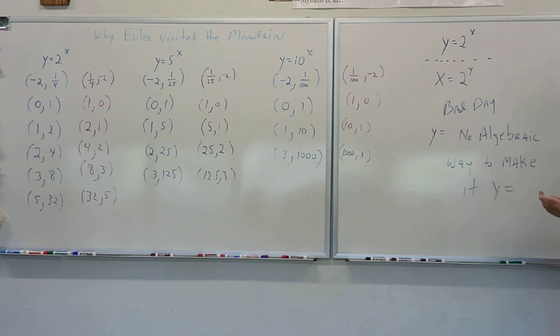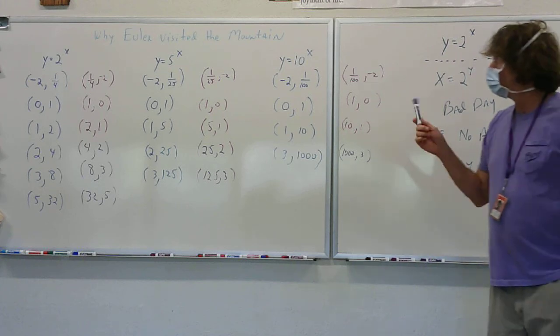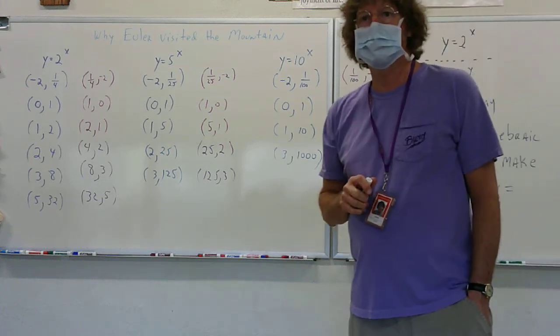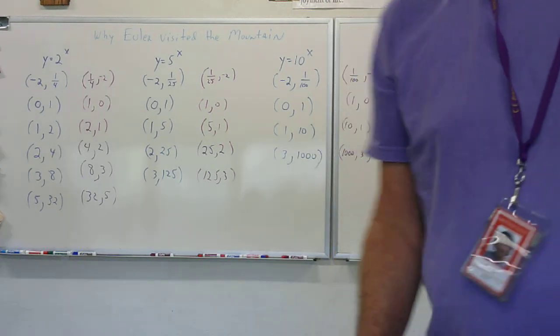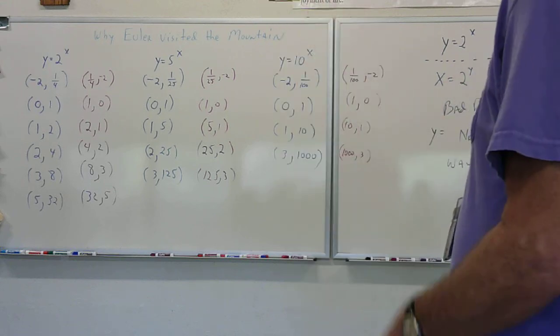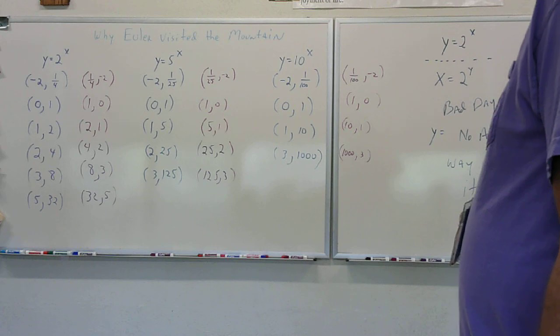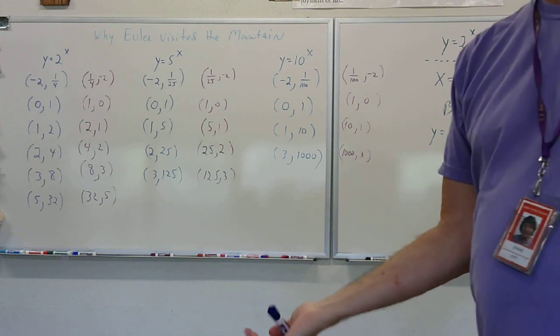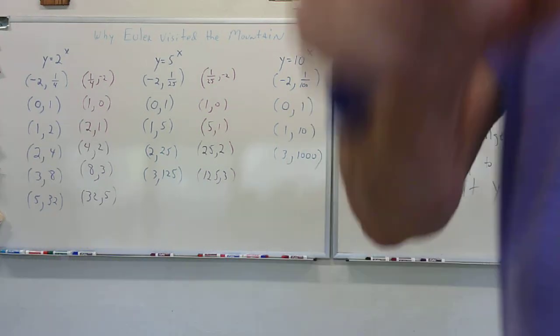You couldn't use it to find the inverse of exponential functions. And that is why Euler visited the mountain. And it's good for you to see it. I mean, y'all tried to work it, and y'all are good with algebra and good at manipulating the numbers. And all of a sudden, you can't make it happen. And that was the same problem that Euler had.